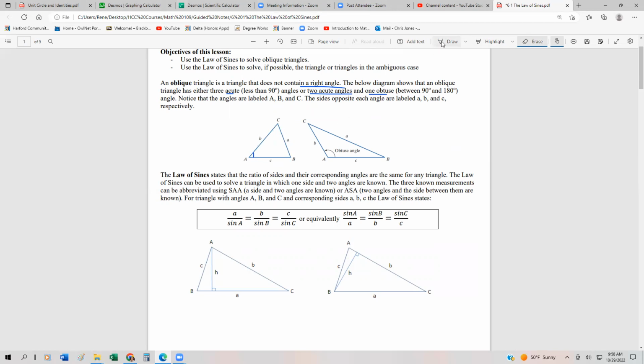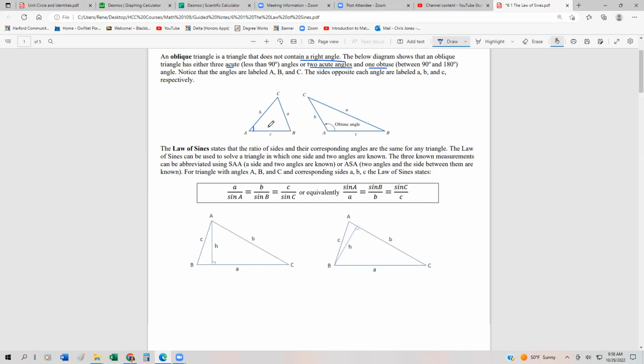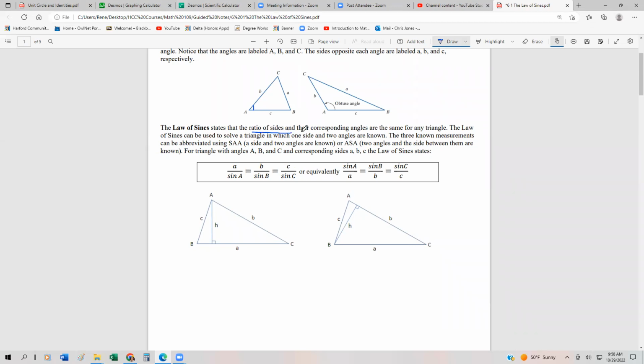Now, our job is to use some preliminary information about either of those triangles to find the rest of the components of the triangle. And we're going to do that by using something called the law of sines. The law of sines states that the ratio of the sides and their corresponding angles are the same.